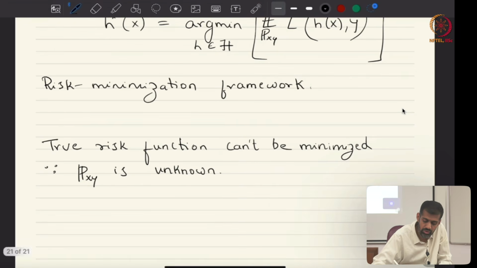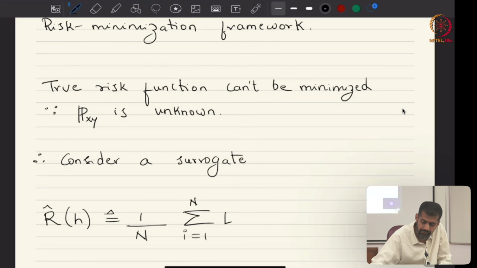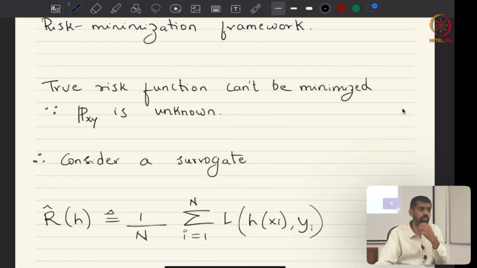Therefore, consider a surrogate. So define what is called the empirical risk, R hat of h, which is defined as the sample mean version of the true risk.